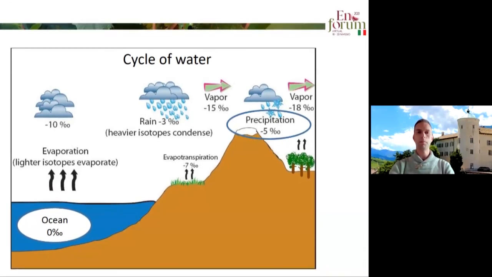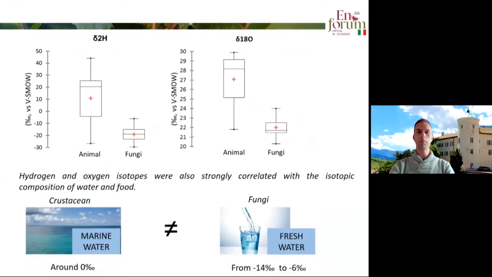This is important because it could be used as a discriminating index to distinguish between the crustaceans living in the ocean, where the isotope ratio is higher, and fungal origin chitosan, which is obtained in a broth which uses groundwater where the isotope value is lower.